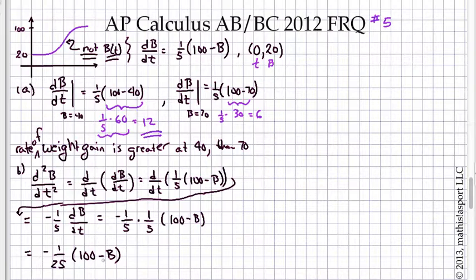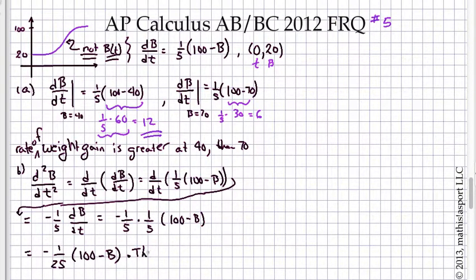Now, why is it that our calculation tells us that this cannot be the graph of B? Well, we've just found the second derivative of B. That's the concavity. The concavity here, as long as B is less than 100, the concavity is negative. Okay? And yet it's apparent that at the start of this curve, the concavity is positive.